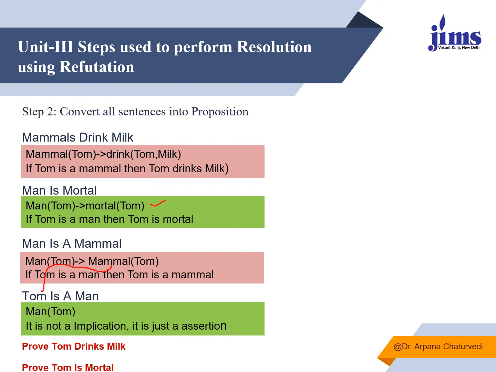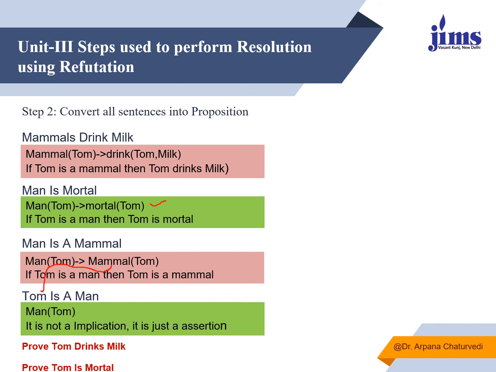And as mammals drink milk, and man is a mammal and Tom is a man, Tom is a mammal also, and Tom is mortal also. As Tom is a mammal, it means Tom drinks milk. So how will we write? We will write Tom is a mammal and it implies that Tom drinks milk. So this is the first proposition.